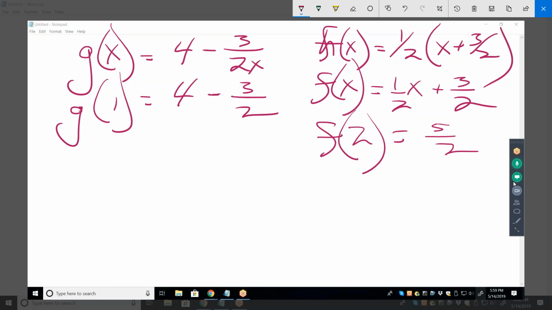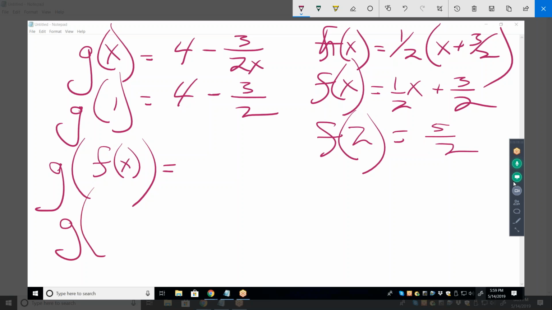Okay. When they talk about composite functions, what they mean is what is g of f of x? Written like that. Well, first of all, what is it? In other words, it's the same thing as g of 1/2 x plus 3/2.